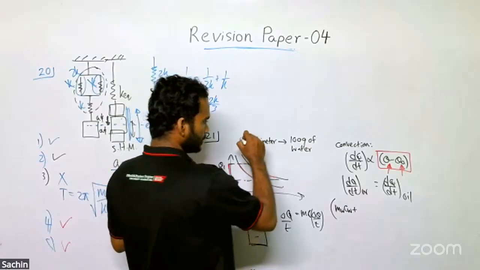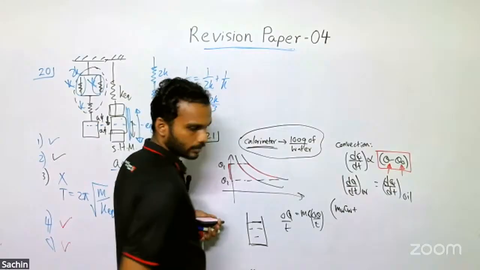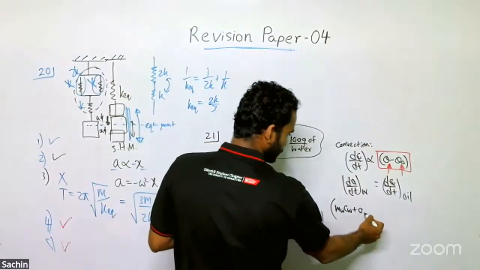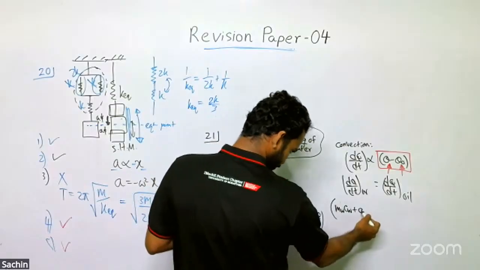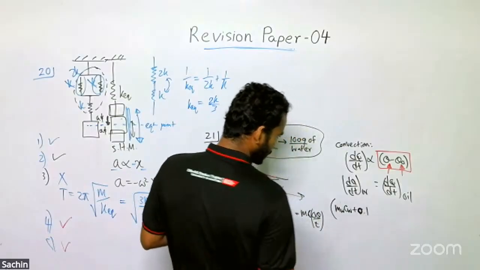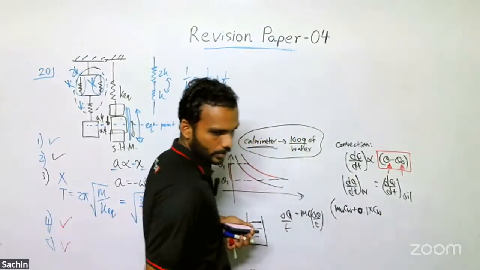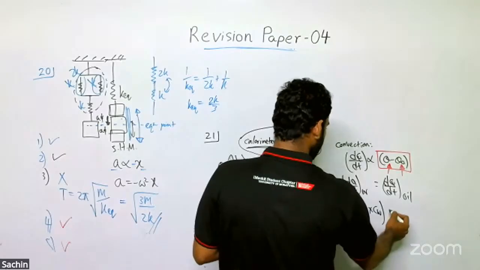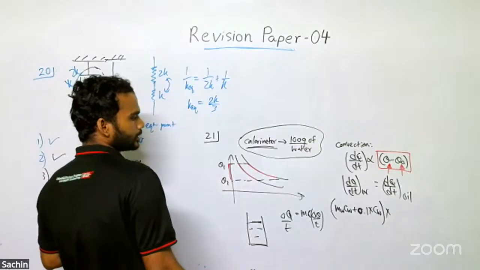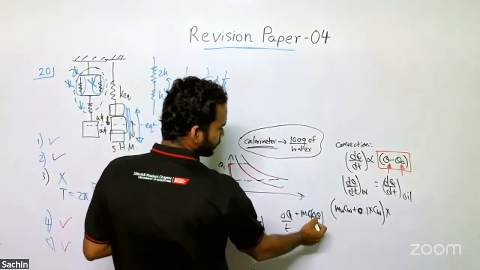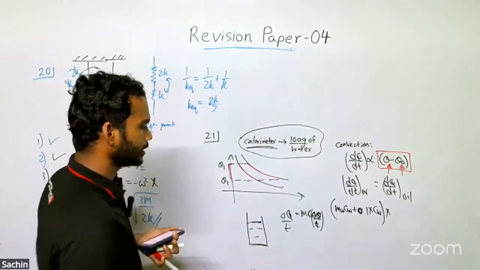The calorimeter can be assumed as 100 grams of water, so the heat capacity is 0.1 times Cw, the same as water. Times delta theta over t, the temperature change divided by time.